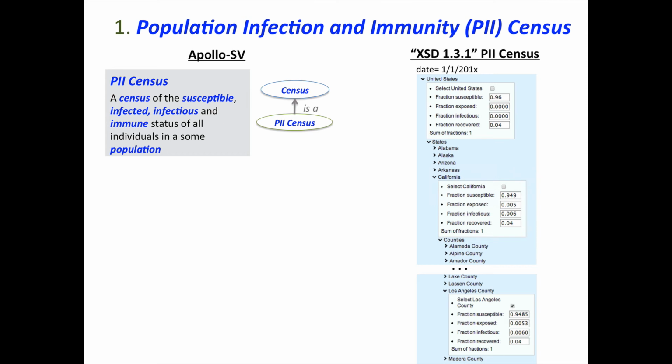Using this type, we can efficiently represent available infection and immunity census data. For example, we can use a US level estimate for every subregion of the US except for California. And we can use a California estimate for every region in California except Los Angeles. The PII census type also supports sociodemographic stratifications within regions, which are also inherited until an exception is encountered.